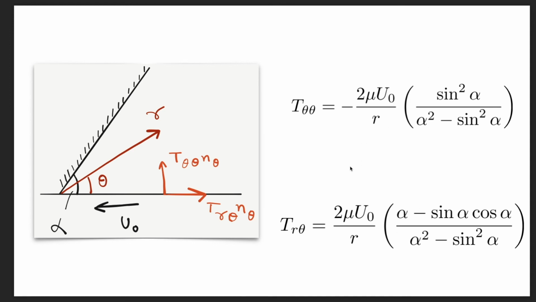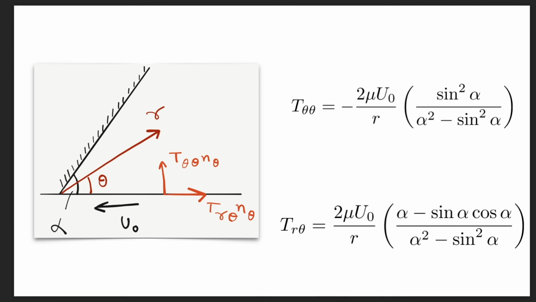Now, one important feature of this expression is that as r tends to 0, these stresses diverge. So for r goes to 0, both t theta theta and t r theta will go to infinity. And this apparent singularity is avoided by considering the fact that this scraper is always a certain distance over the plate. That is to say that there is a tiny gap between the scraper and the moving plate.